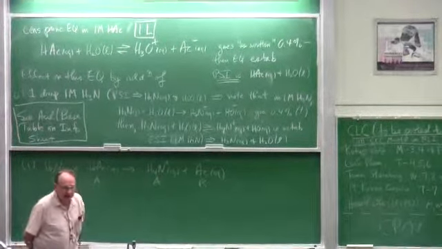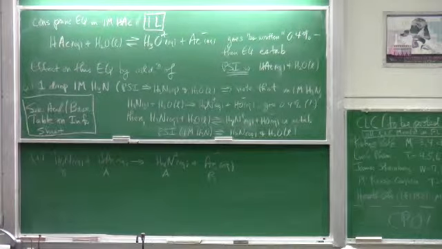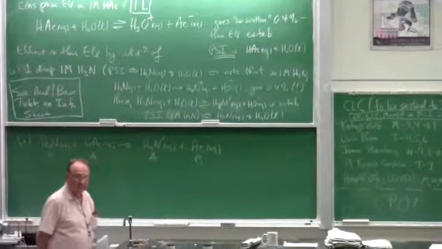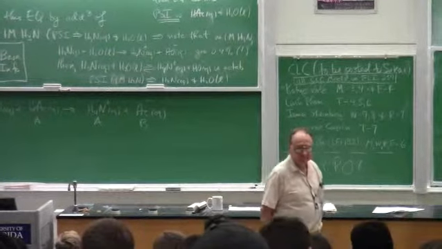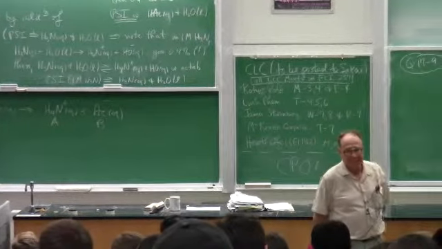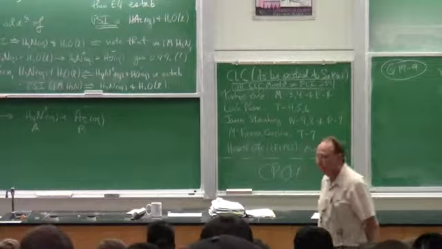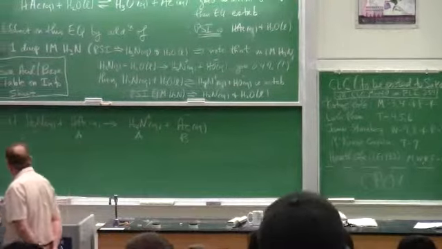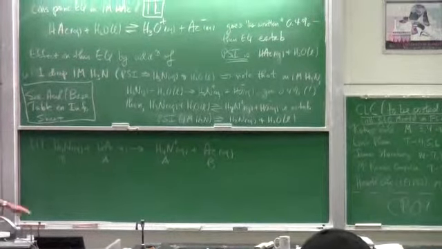Look at the acid-base table. Since we got this on the board, and we've already talked about the acid-base table, I want you to look at the acid column and see the positions of the two acids, acetic acid, the reacting acid in this reaction, and ammonium ion, the product acid.